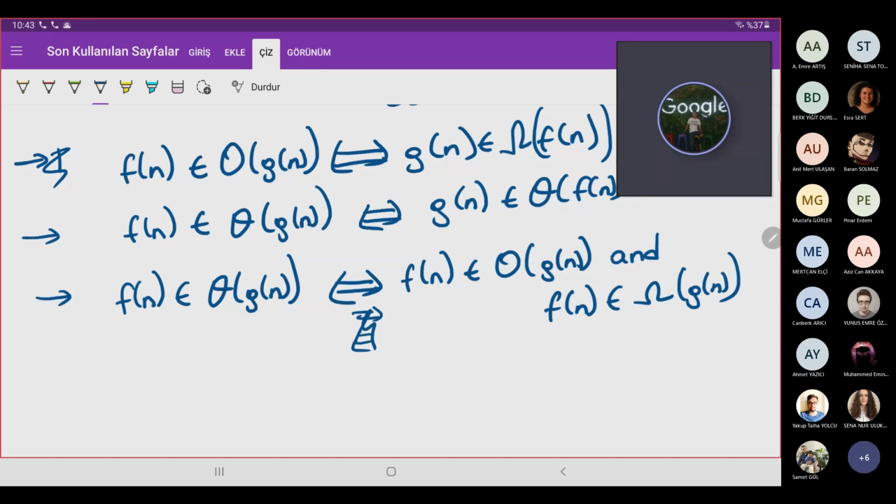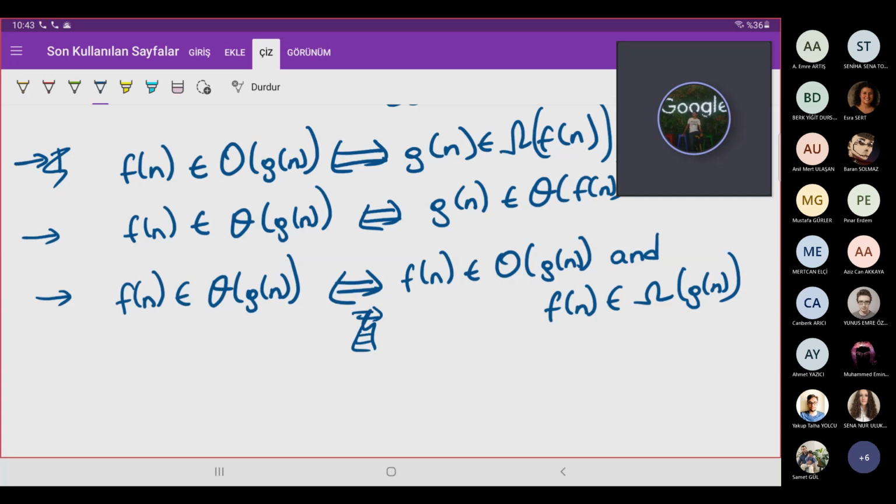So if somebody asks us to prove that a certain function is in the complexity class theta of some other function, what we actually need to prove is that first it's in big O and also omega.